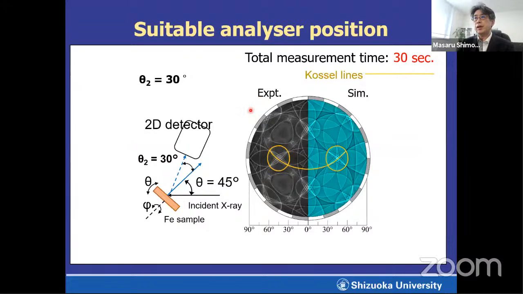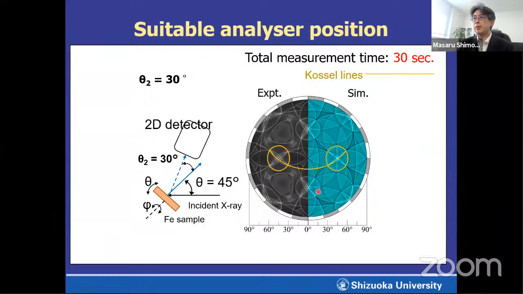Then let me show the data set. This is the experimental data that I just showed. And the right hand is the simulated diffraction pattern. If you look at the Kossel lines, they agree very well.